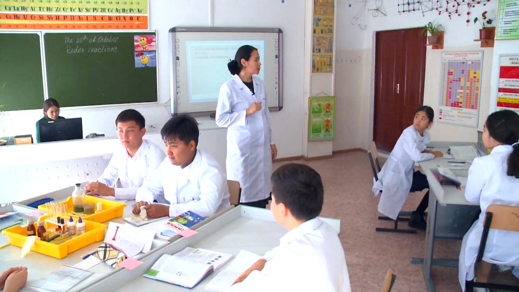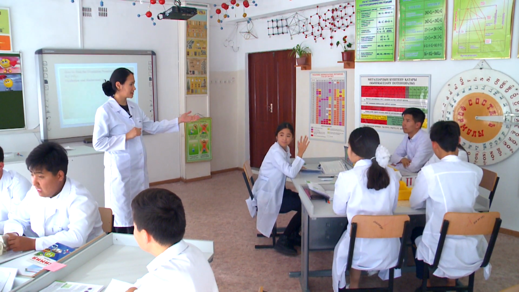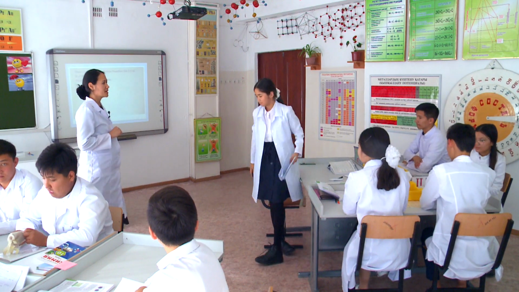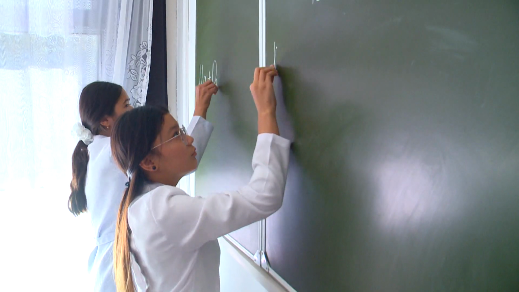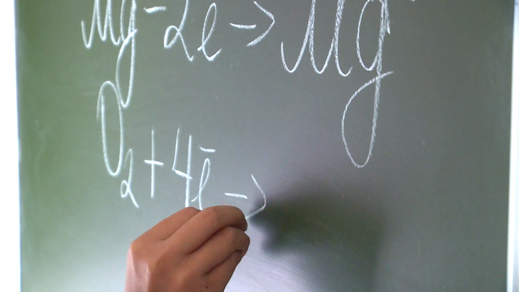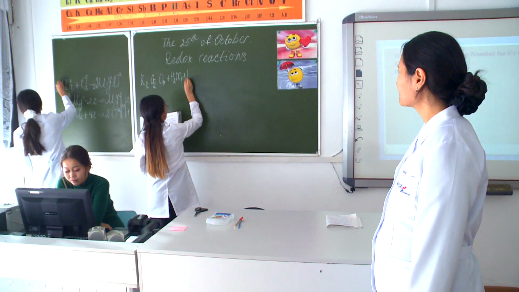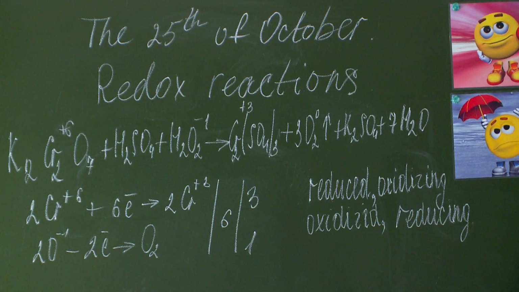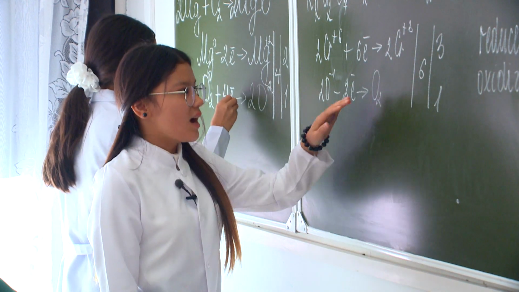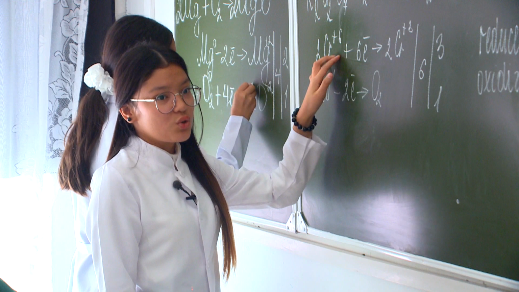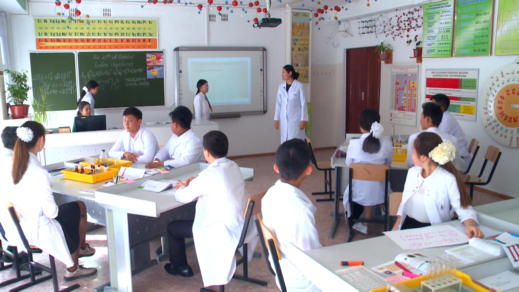And second group, who wants to write the reactions? Berike and Asil, come to the blackboard and write your reactions. Oxidation always occurs with the loss of electrons, and reduction occurs with the gain of electrons. Okay, thank you, well done.